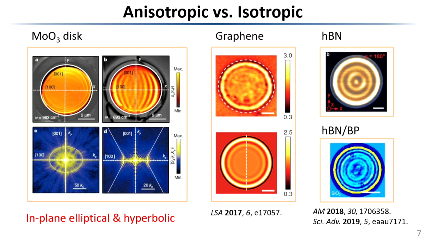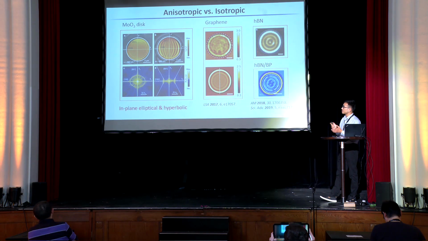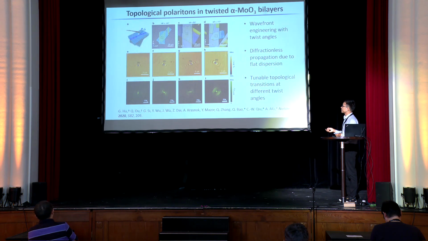If you further look at the anisotropy in MoO3 material, it's disks, right? In graphene or hBN isotropic crystals, you will see circular spreading of the polaritons. But in MoO3 disks, you will see elliptical or hyperbolic shapes.